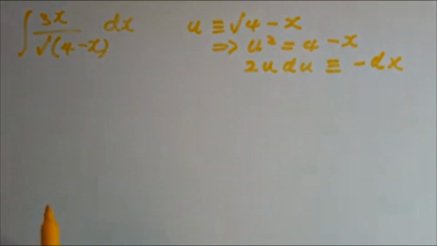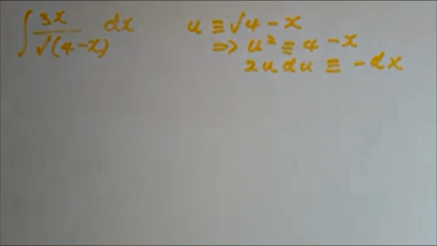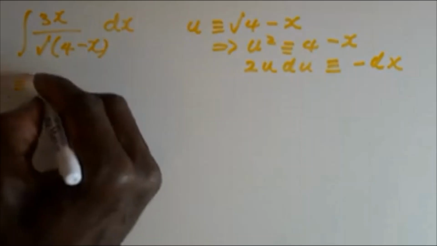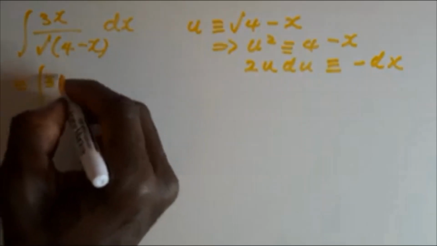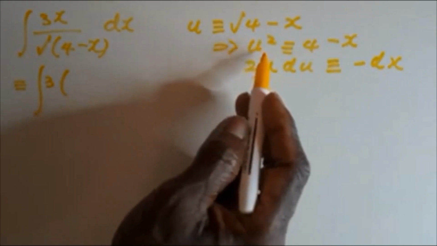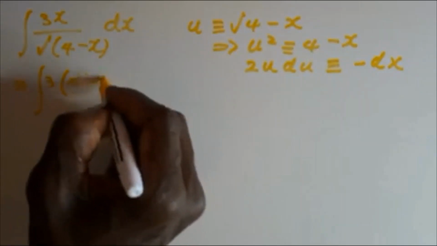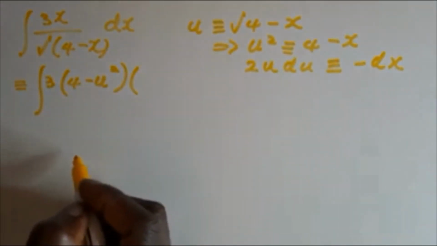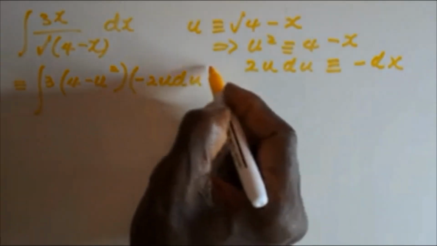Make that equivalent sign. And also, we can write that this integral is now equivalent to 3 into x, which is a rearrangement of this formula to give us 4 minus u squared, brackets, minus 2u du.